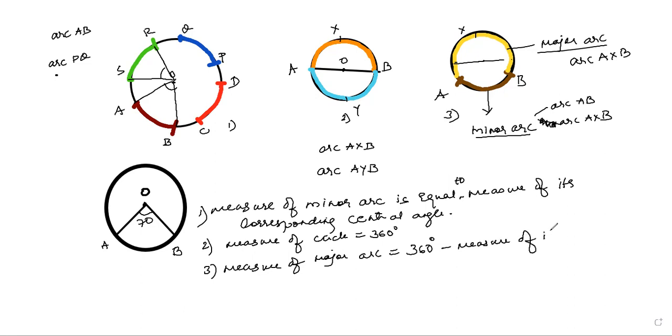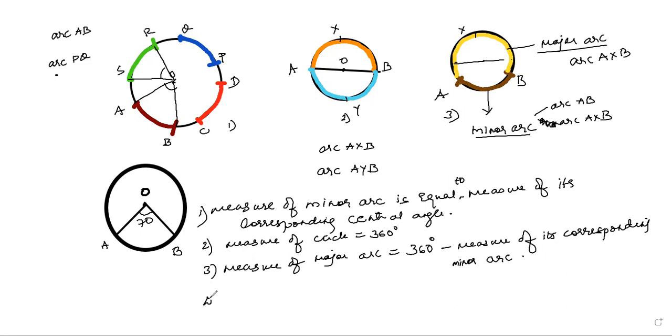The measure of the corresponding minor arc you can find with the help of the central angle. So remember, children, the measure of a major arc is 360 degrees minus the measure of its corresponding minor arc.